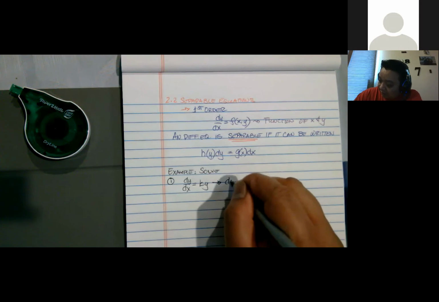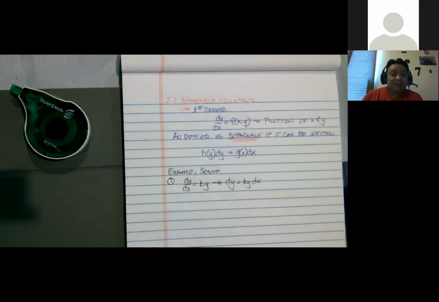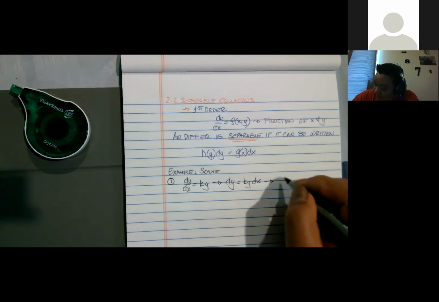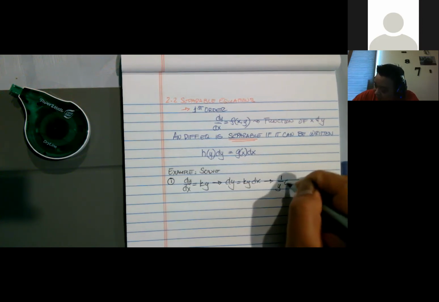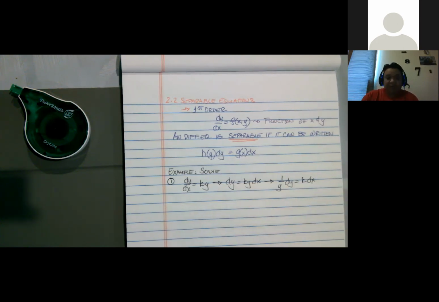And so you get dy is equal to ky dx. And now I want to separate so that the y's are on the left and the x's are on the right. You can do that by dividing or multiplying only. So this is what we have: 1 over y dy is equal to k dx.